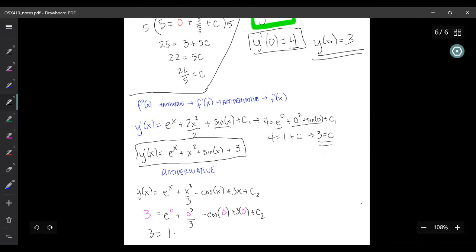E to the 0 is 1, 0 to the third is 0, and cosine of 0 is 1, so negative 1. So in this case, 3 is equal to C2... wait, that gives C2 equal to 0 after combining terms. So that means the original function would be e to the x plus x cubed over 3 minus cos x plus 3x plus C2.